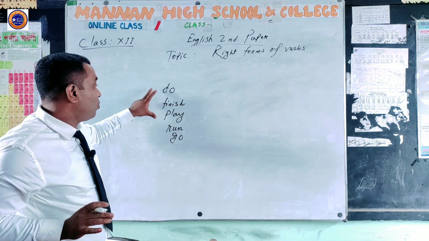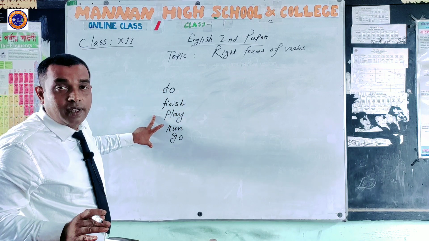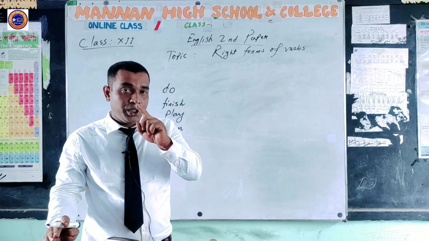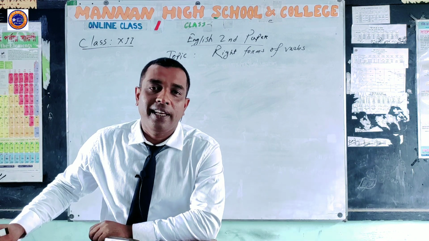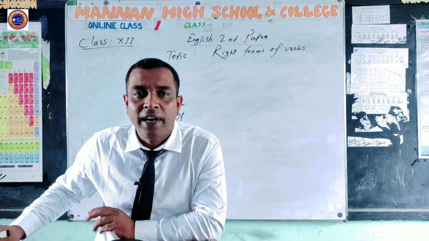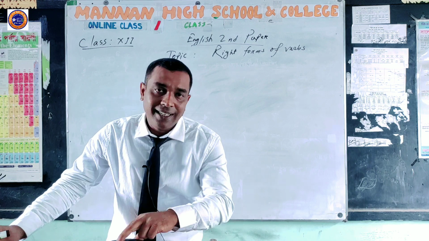These are 5 examples of verbs. So the question is, how many forms may a verb have? A verb may have 5 forms. What are the 5 forms?